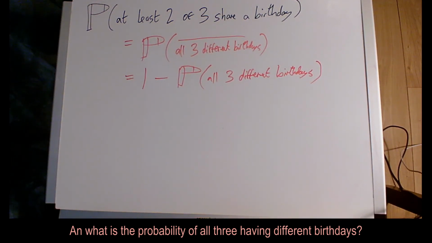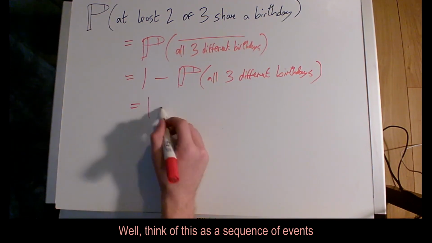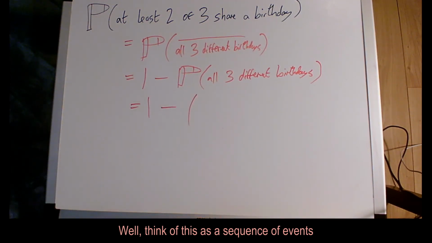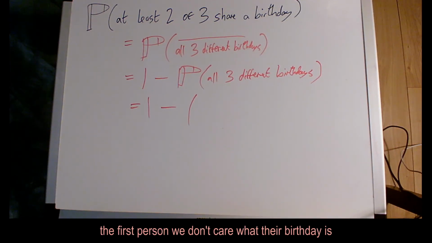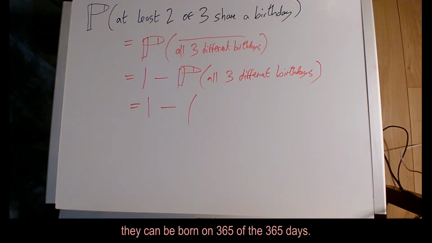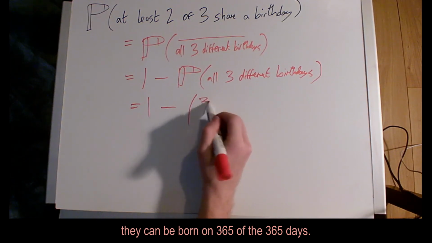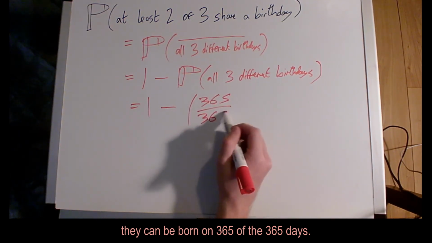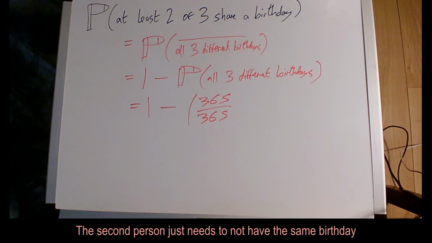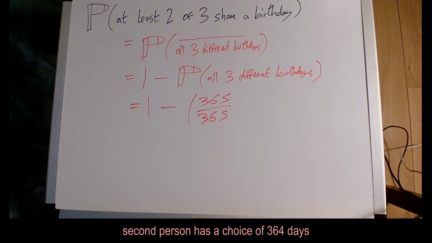And what is the probability of all 3 having different birthdays? Well, think of this as a sequence of events. The first person, we don't care what their birthday is. They can be born on 365 of the 365 days. The second person just needs to not have the same birthday as the first person. So the second person has a choice of 364 days out of the 365 to be born on.